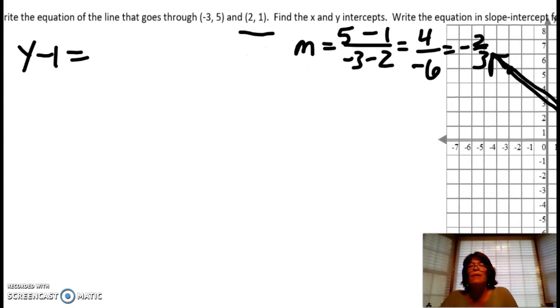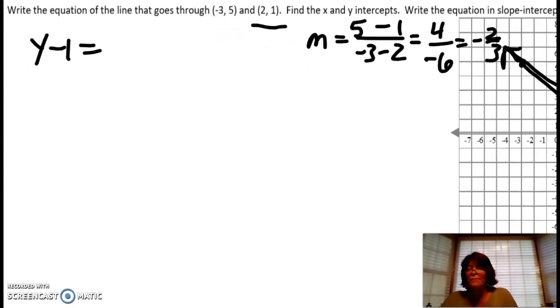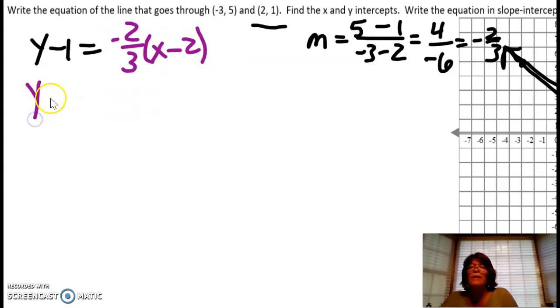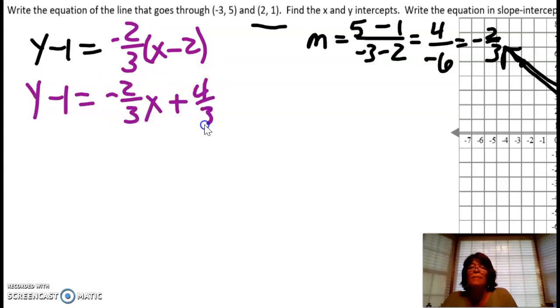All right. So my equation of the line then is y minus 1 equals the slope times x minus 2. They want me to have it in slope-intercept form, so I'm going to distribute the -2/3 x. -2/3 times -2 is +4/3.